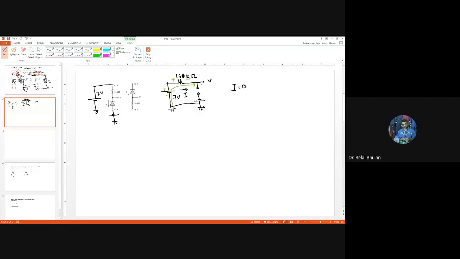So if I apply KVL starting from here, then I get plus 7 volt minus 16I equals V. And I know that I is equal to 0. So that gives us V is equal to 7 volt.